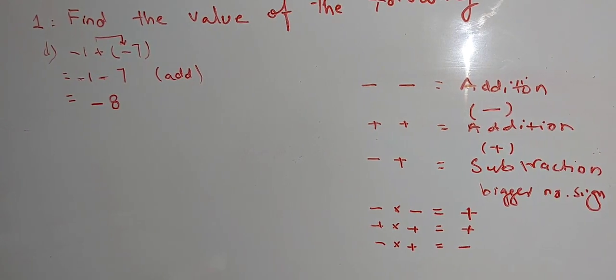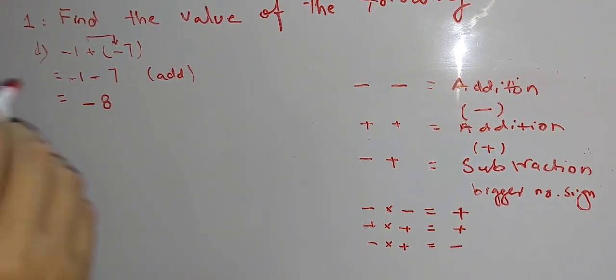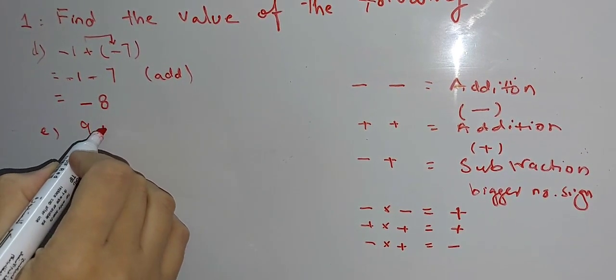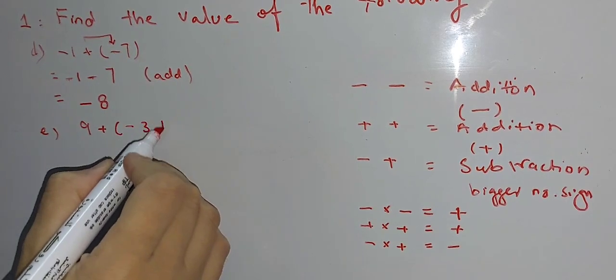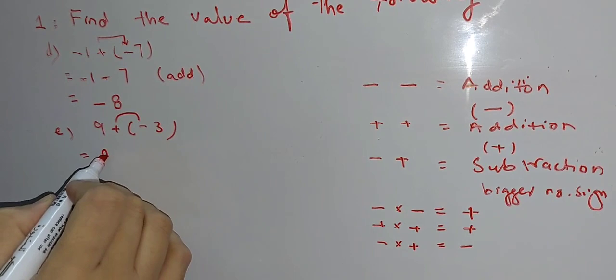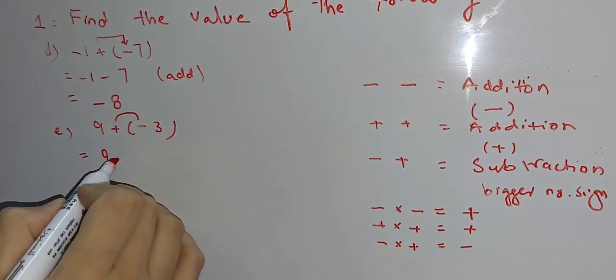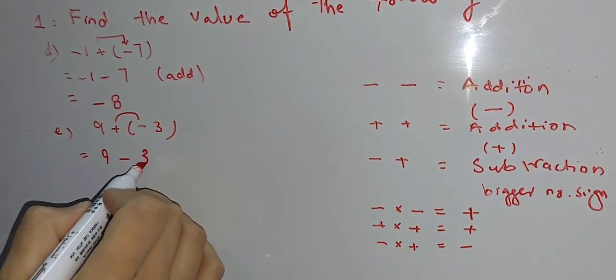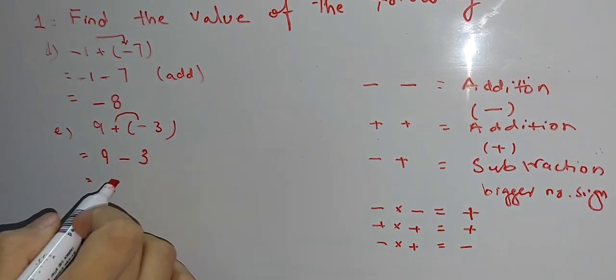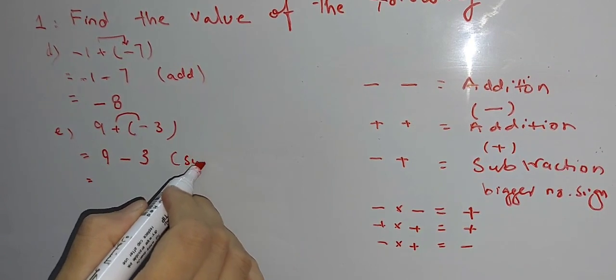Now move on to part E. Part E is 9 plus bracket minus 3. First of all, we will open the bracket. 9 as it is, plus minus, minus 3. Now again plus minus, we will go for subtraction.